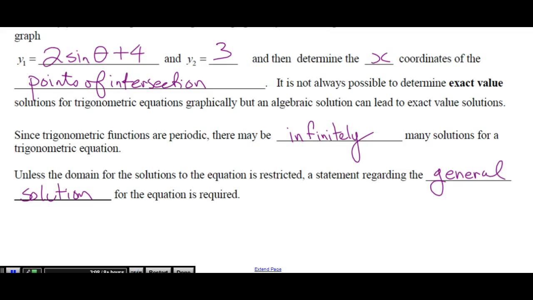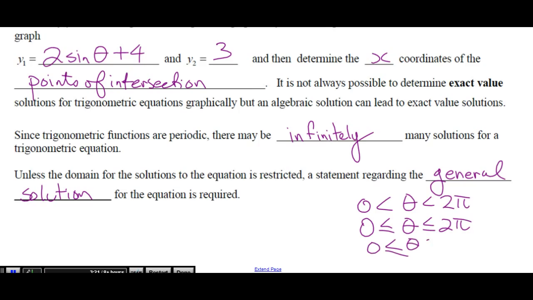If it says between 0 and 2 pi, there's a difference between this and this and this. So if the solution is 0 and 2 pi, it won't be included here.